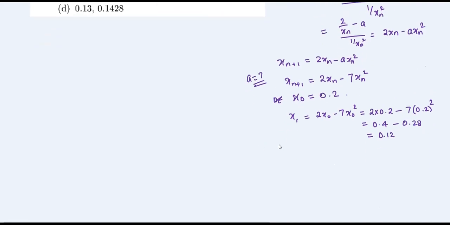Now let us look at the next iterative step. X2 will be 2x1 minus 7x1 square. So you will have to do this 2 into 0.12 minus 7 into 0.12 the whole square. This is 0.24 minus 12 square is 144. 7 4 28, 7 4 28, 30.